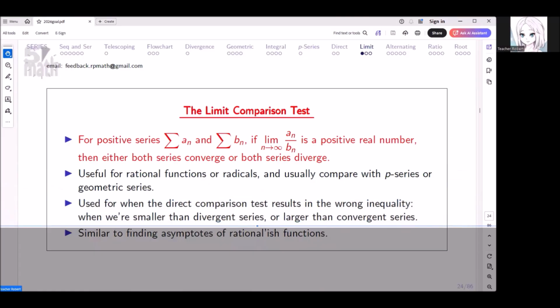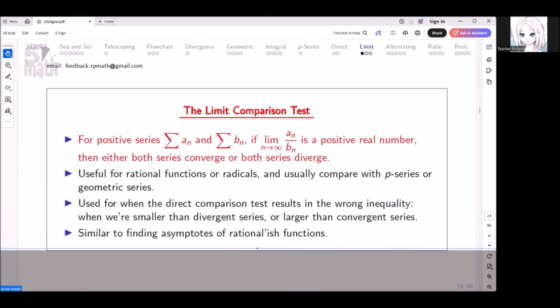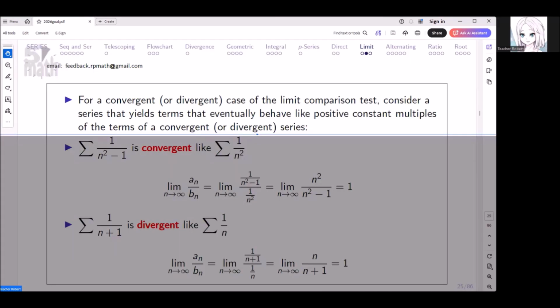Used for when the direct comparison test results in the wrong inequality, when we're smaller than divergent series or larger than convergent series. Similar to finding asymptotes of rational functions. For a convergent or divergent case of the limit comparison test, consider a series that yields terms that eventually behave like positive constant multiples of the terms of a convergent or divergent series.